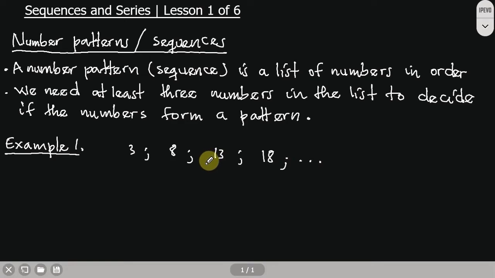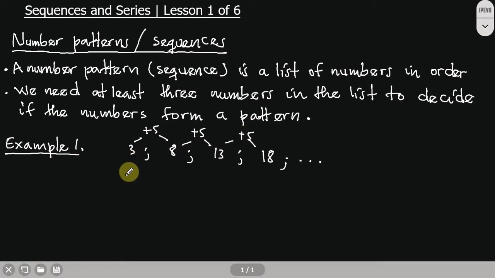And when you observe, there is an order or a behavior which is done to get the next number. To get the next number, what they are doing is to add 5 to the previous number. From 3 to 8, you add 5. The same is true from 8 to 13, you add 5, and so on. So this is the pattern which is obtained. You add 5 to the previous number to get the next number.